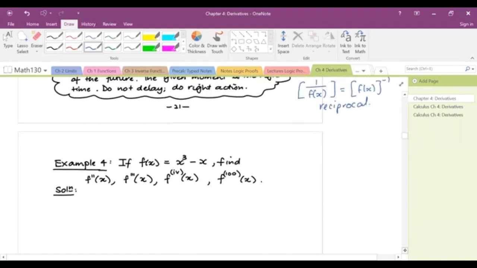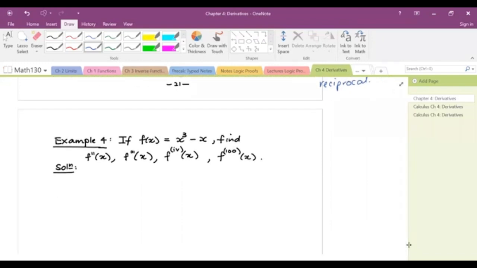Okay, let's look at the example on page 22. If f of x is x cubed minus x, find f double prime of x, f triple prime of x, the fourth derivative, and the 100th derivative. So f of x is equal to x cubed minus x.